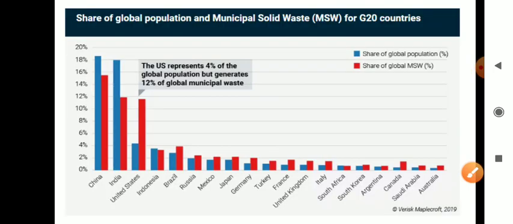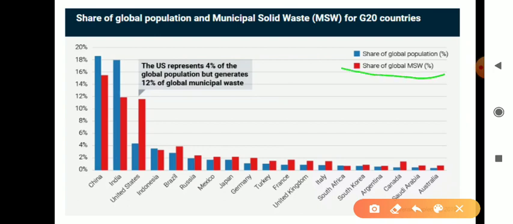In the next slide we will see the global population, means the share of the global municipal solid waste in the whole world. In this picture, blue is denoting the share of global population, means how much population each country has in the world.